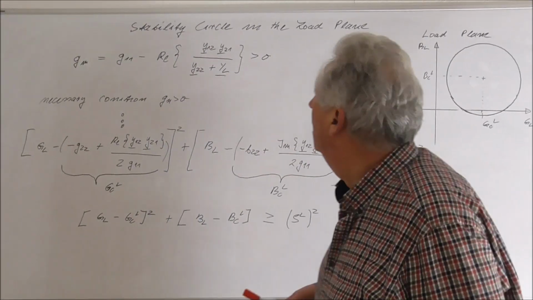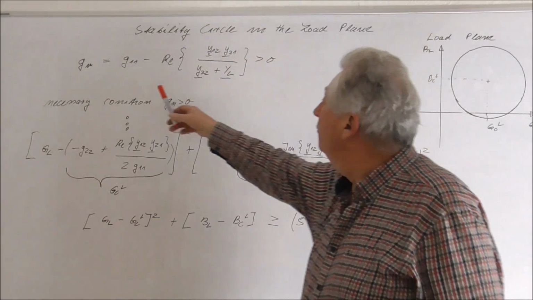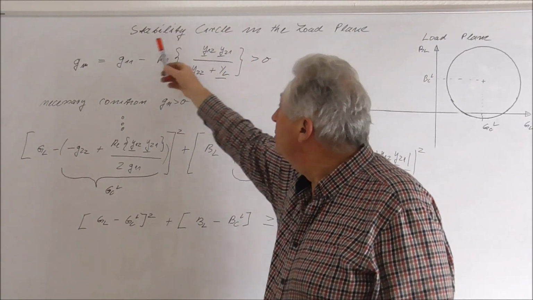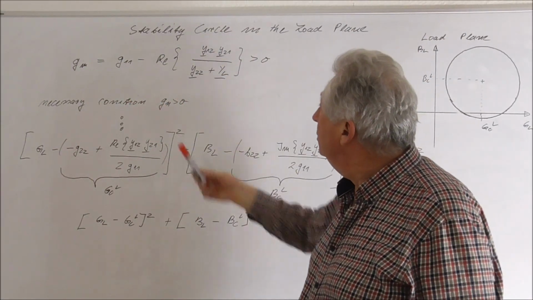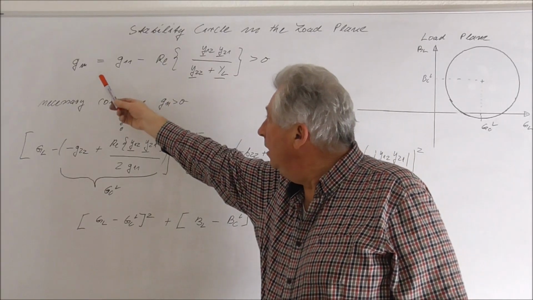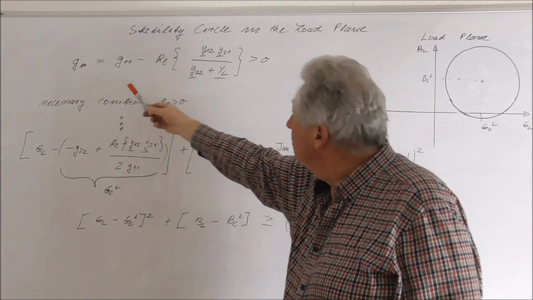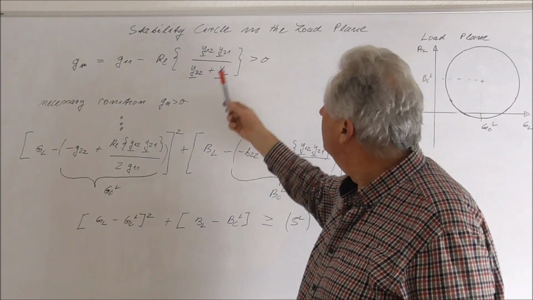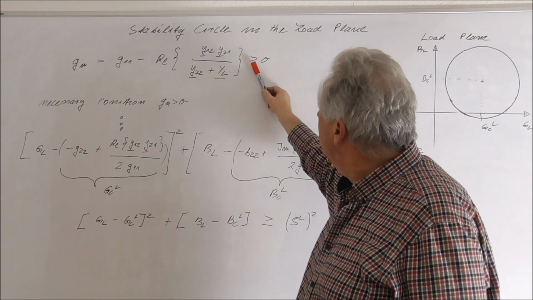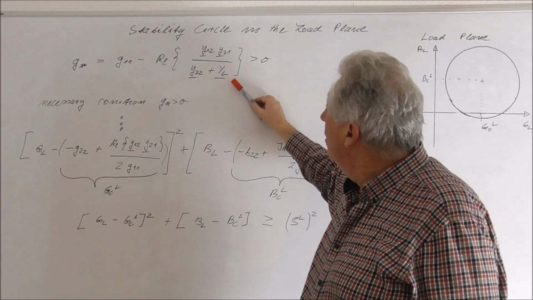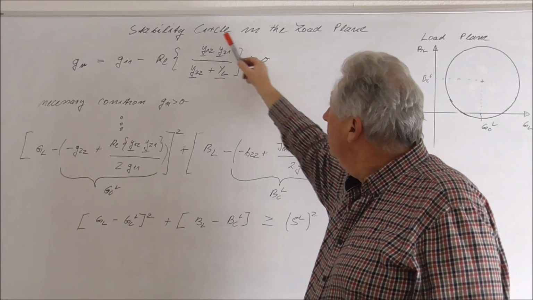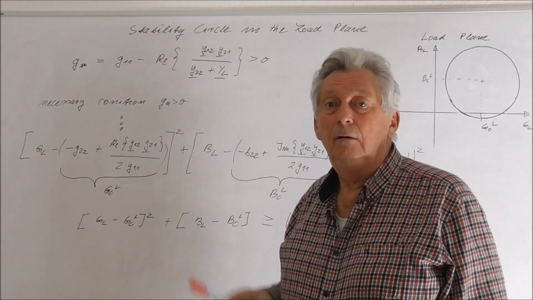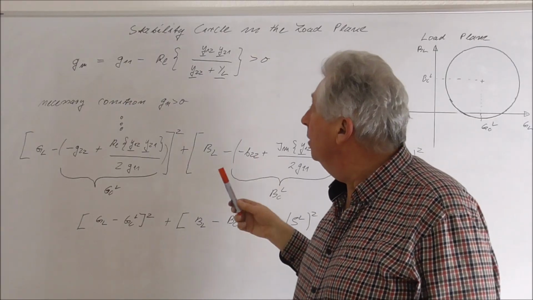So to go on in our consideration, we have to have a closer look at this equation. We see that as long as the small signal input conductance is greater than 0, independent of YL, then our configuration will be stable.